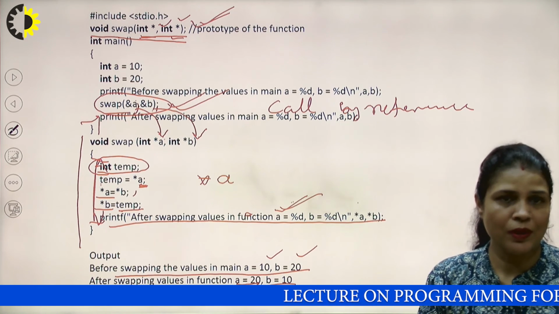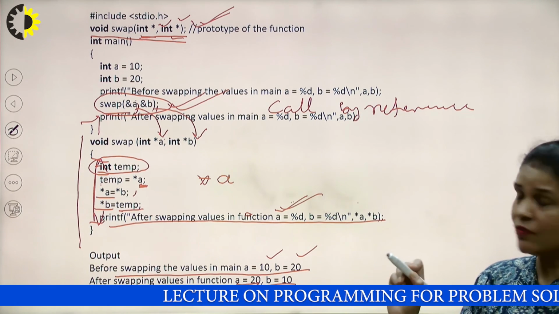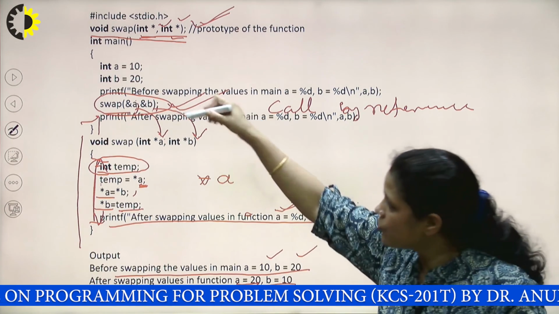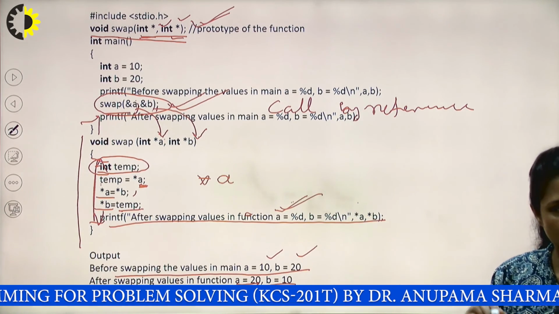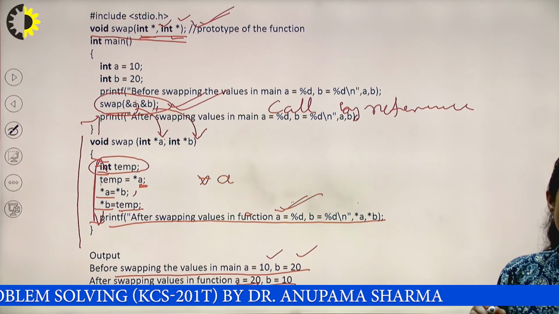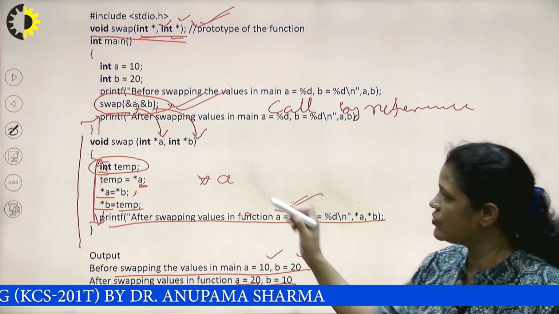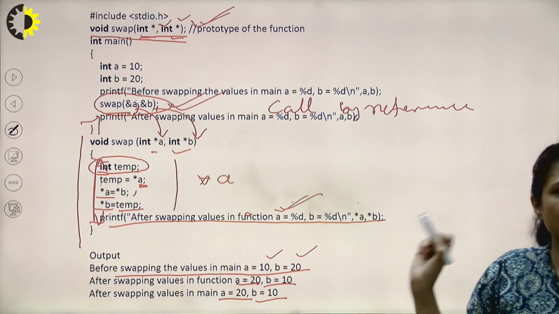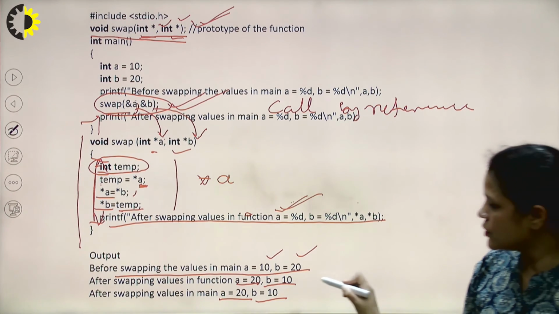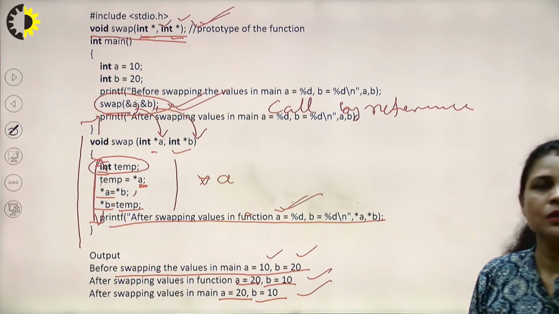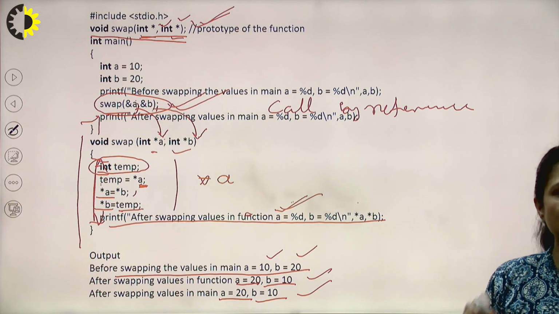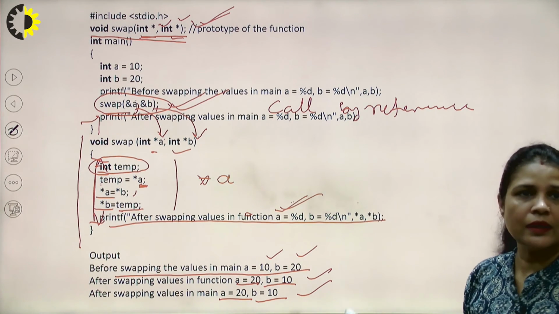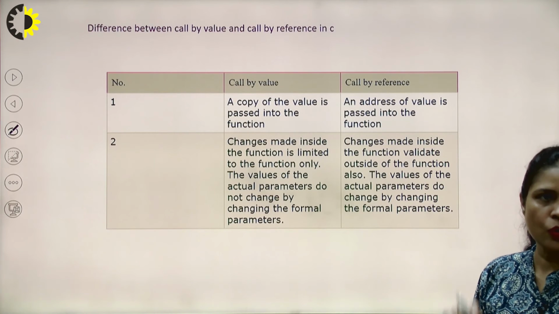If we pass the actual parameters' addresses, then the formal parameters will share the same memory location. So the changes we have done in the formal parameters inside the function will be permanent, or permanently modified, right? So this way we can understand call by value and call by reference.